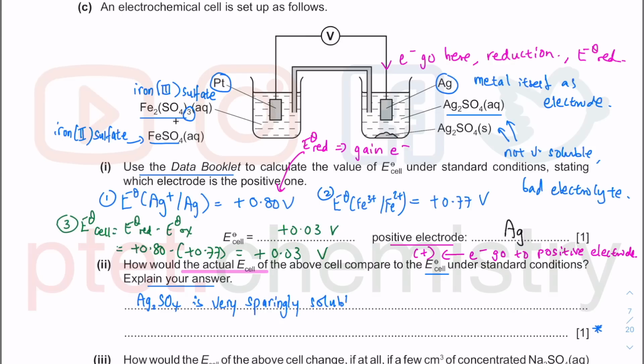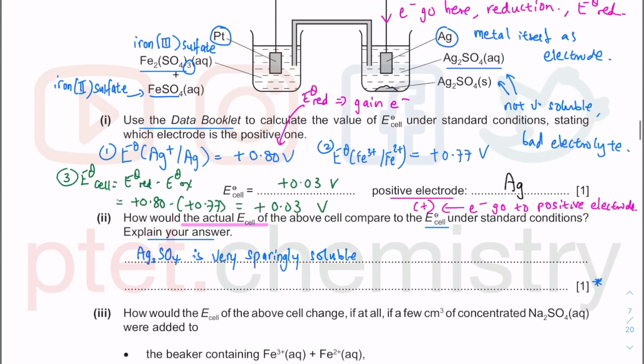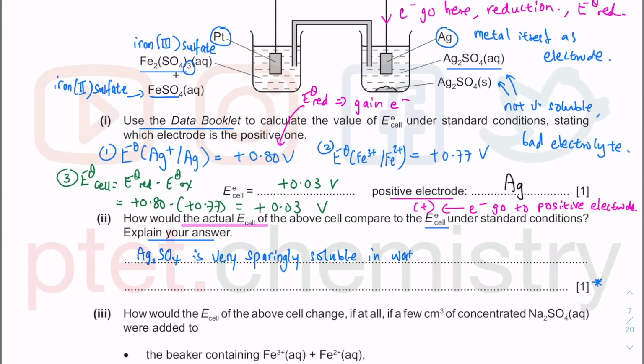So if it's very sparingly soluble, so not very soluble at all in water, its concentration, so Ag plus concentration, falls well below the standard 1.00 mole per dm cube concentration. And if that is true, then what will happen to your reduction potential?